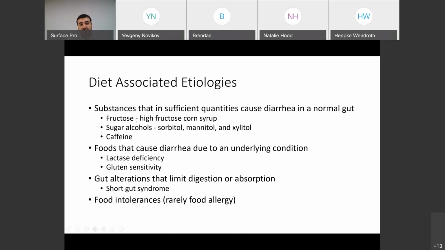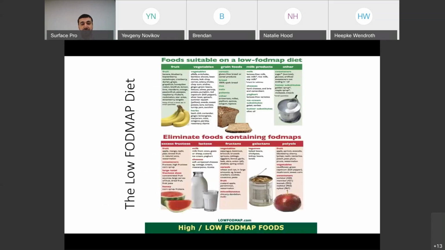In terms of what to do with these patients, if you suspect that a patient is overloading their GI tract, they came up with a validated diet that can be very helpful in these patients, and it's called the low FODMAP diet. This diet at best is not harmful.